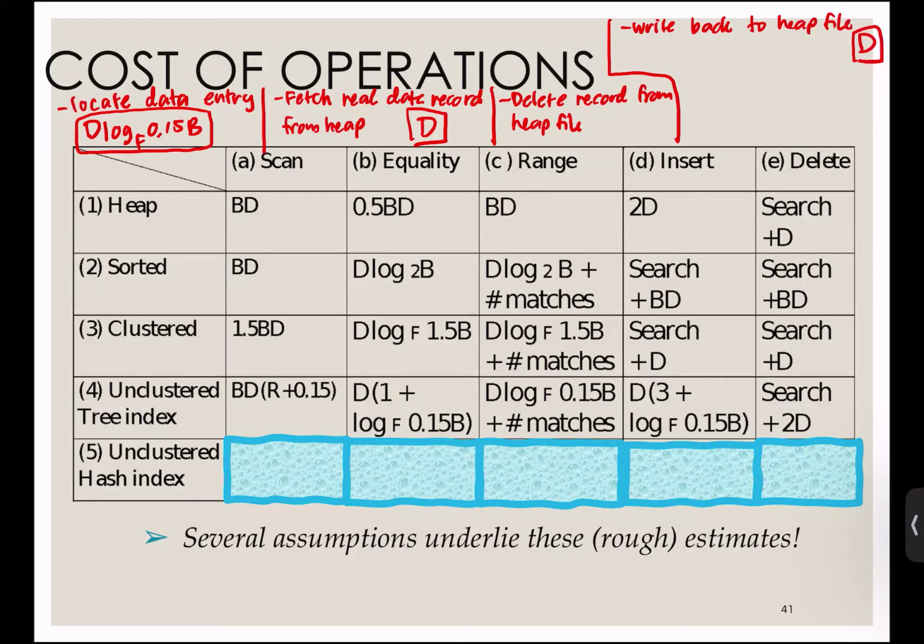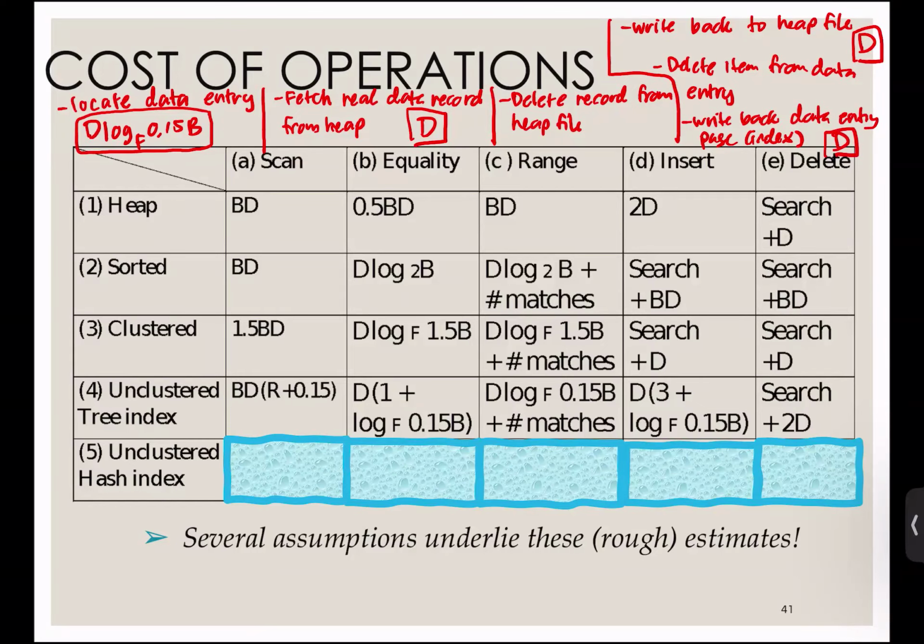Well, we're not done, because if we stop here, that means we haven't updated our data entry yet. So we also have to delete the item from the data entry, or the index part, and then write back the data entry page. That's also another D time.